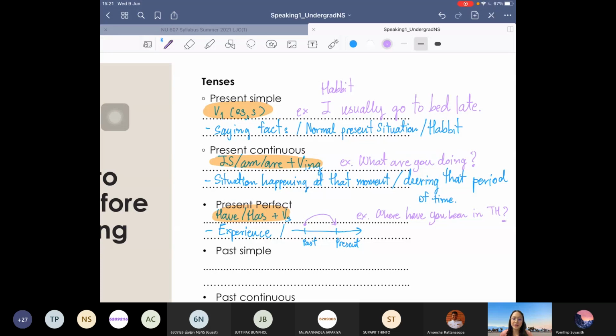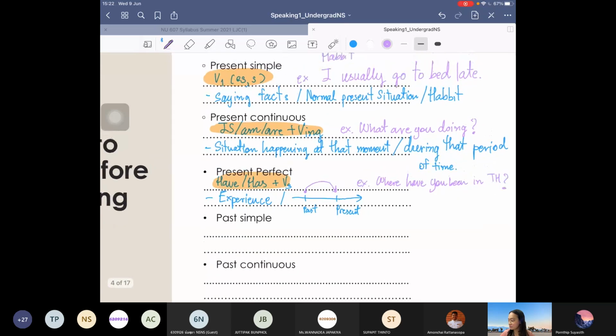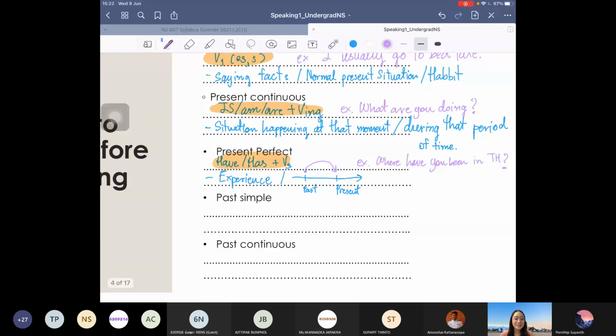So it actually explains the experience of doing the activity.